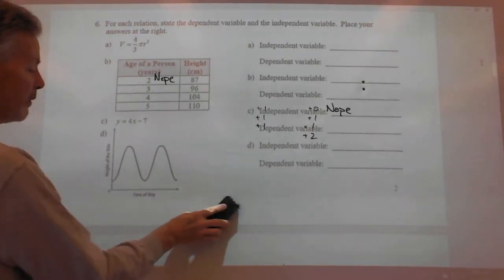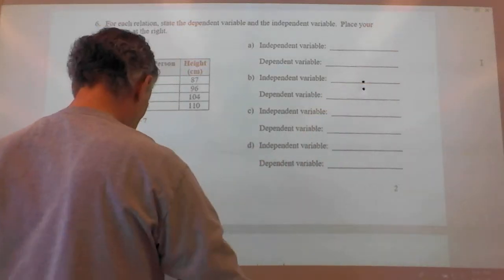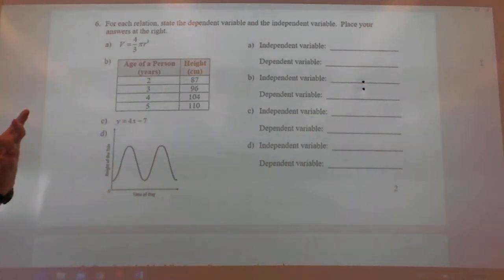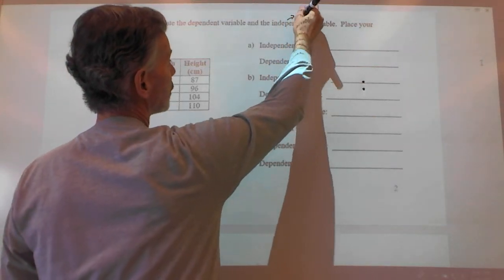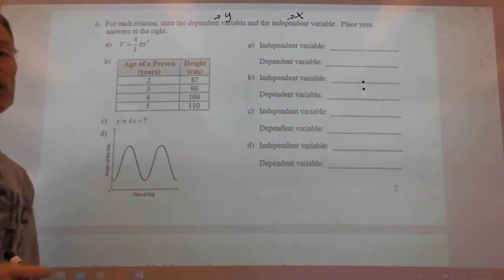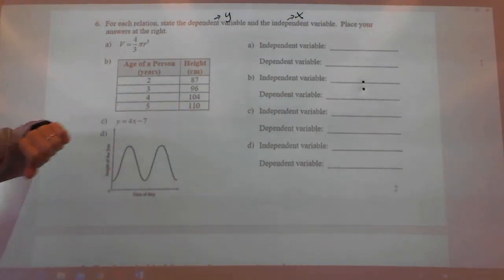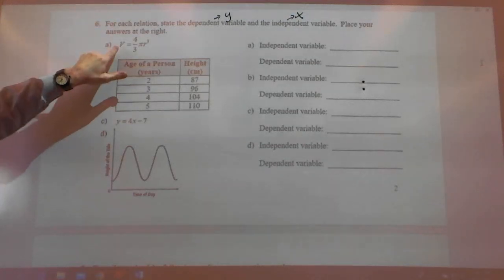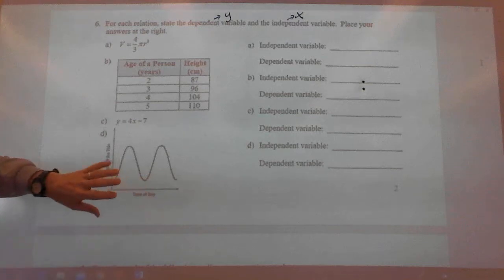Dependent and independent variable. Again, remember, the independent variable is always going to be your x. The dependent is always going to be your y. So if you're given something like a table of values or an equation, remember y is always the isolated variable, or a graph.